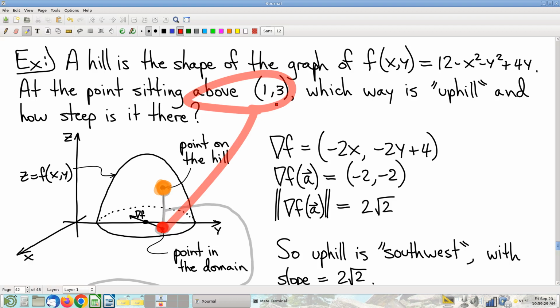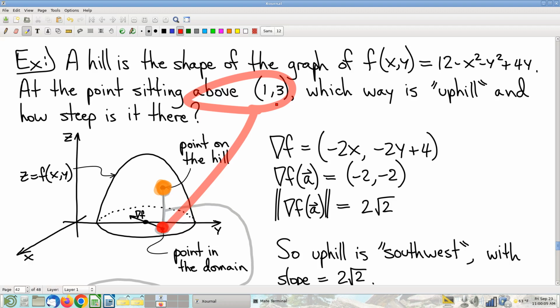And let me just point out, that's how people talk, right? That's obvious. If I say I'm at (1, 3), I don't mean that I'm buried 20 feet underground under the hill, right? If I say I'm at a certain longitude and latitude, it's understood that I'm on the ground, whatever the altitude is at that longitude and latitude. So the altitude of Duke campus is somewhere in the range of about 300 feet, I think. So if I were to tell someone, I'm on Duke campus, longitude this, latitude that, they know I'm at ground altitude.